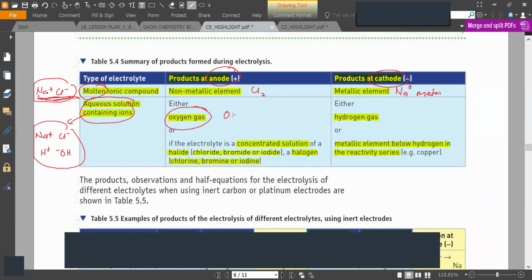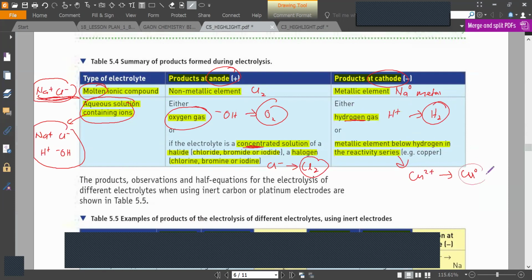So the OH negative will turn to oxygen gas, or the chloride will turn to chlorine gas. So we can have two possible products. At the cathode, we can have H plus turn to hydrogen gas, or let's say we have copper 2 plus, we can turn to copper metal.